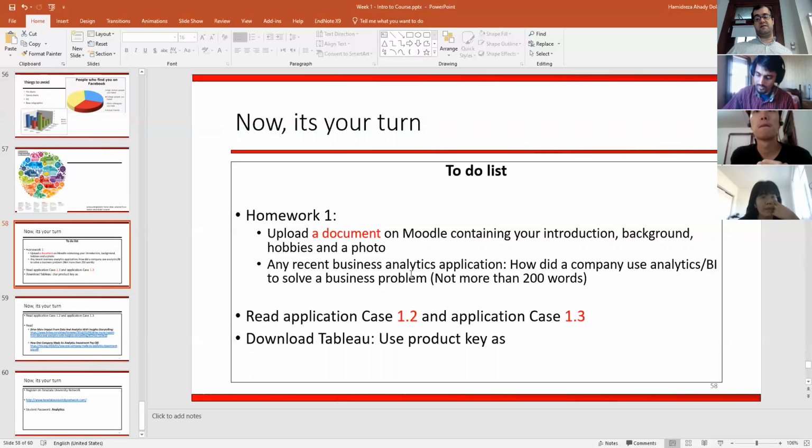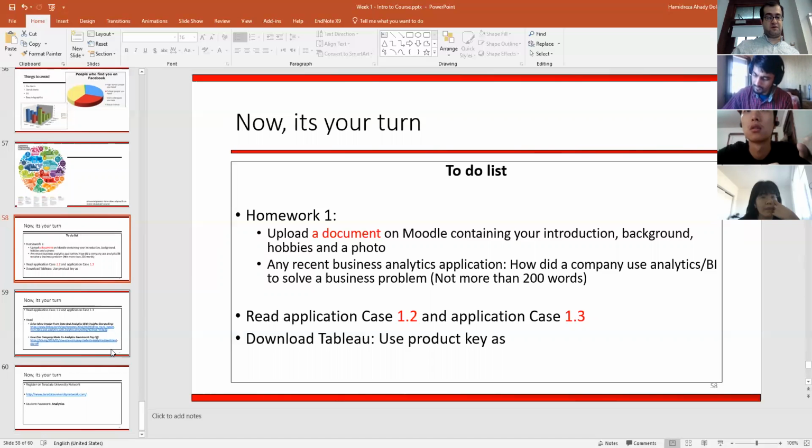You can easily find that. You can use keywords, for example, business analytics example, something like that. So it shouldn't be difficult. Sorry, I just forgot to tell you the second part of the assignment. But for both of them, you don't have to spend much time. 200 words for each is enough. Cool. Thank you. Sorry, I missed that part.